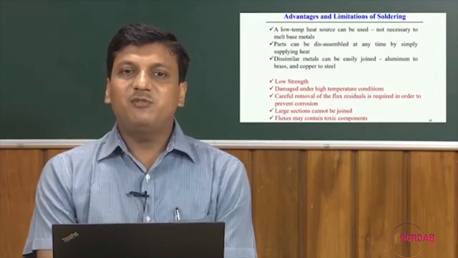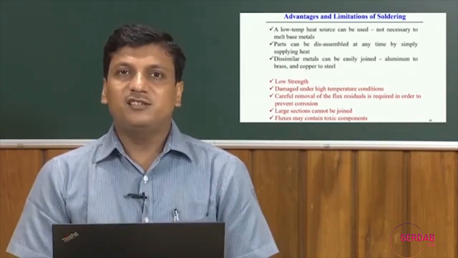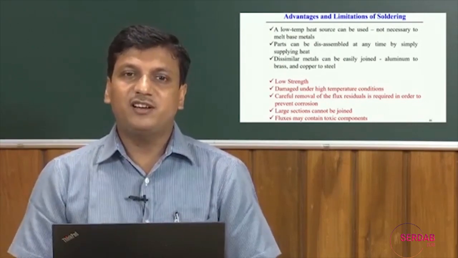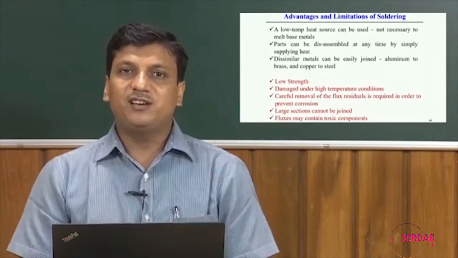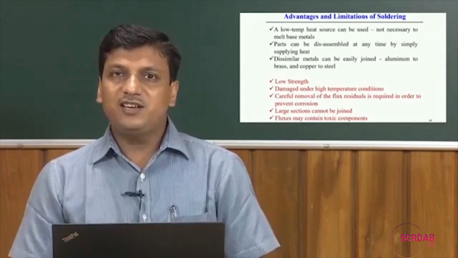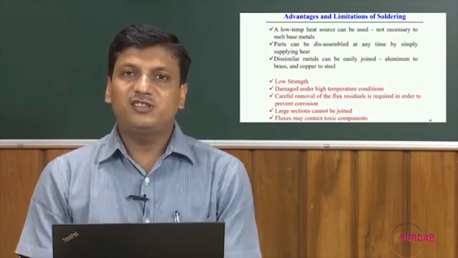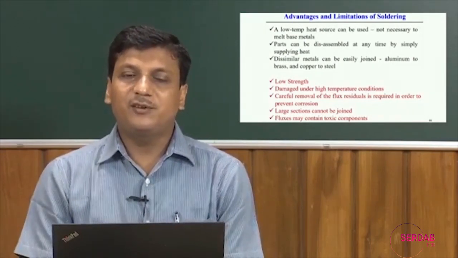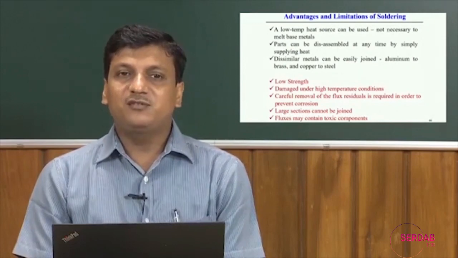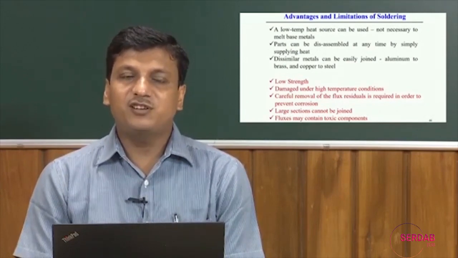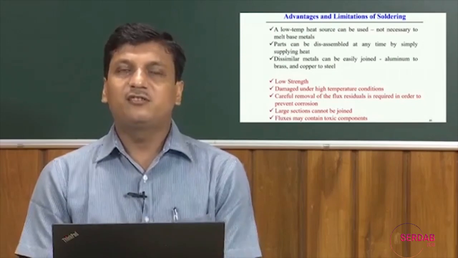Parts can be disassembled after joining at any time by simply applying heat, which does not affect the base material much. Dissimilar materials can also be joined easily, for example aluminum to brass and copper to steel.